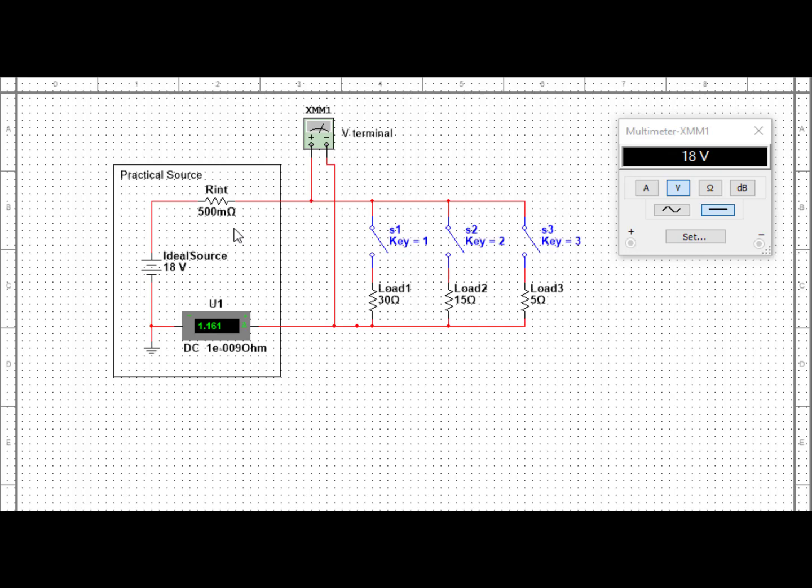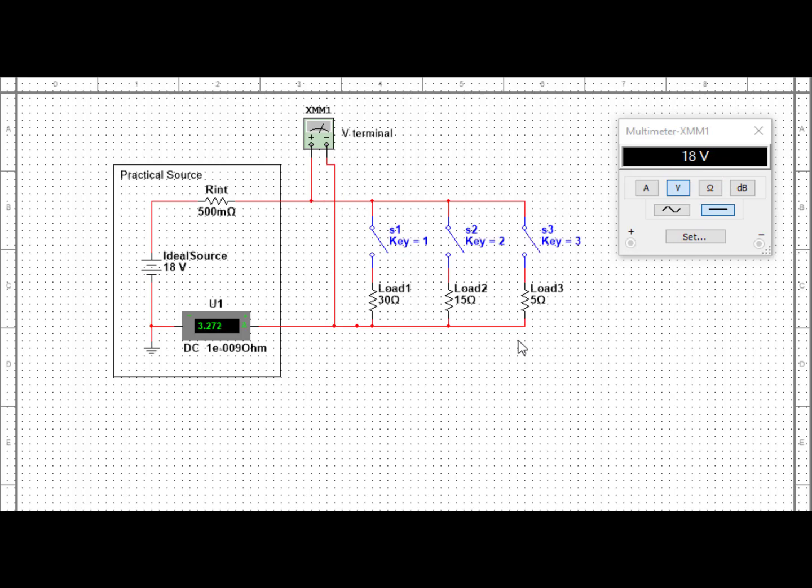Okay, lastly, let's look at the highest current load, the one with the least resistance here, a 5 ohm load. Notice how with the 5 ohm load, our load current, or our series circuit current, is 3.3 amps now, and as a result we've got a significant drop across the internal resistance, and our terminal voltage is 6.36 volts.